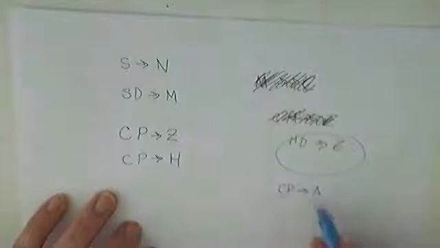Not so much with A. The next comment in the chat was CP goes to A, because it was CP goes to H. That's the correct part, but it also had CP going to A. That actually is fortunately not true, because we can have more than one assistant, right?